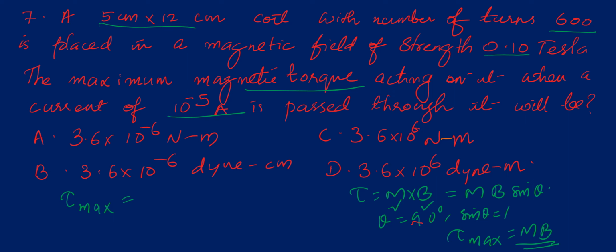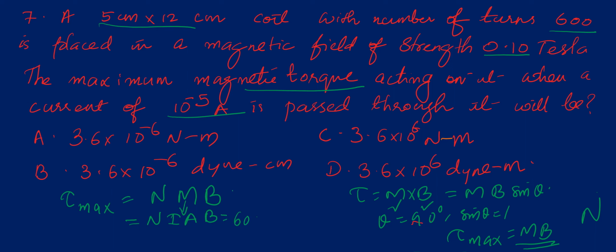If there are n number of turns, then torque will be n times M B. So we can write n into magnetic moment, which is I into A, into B. So let us substitute.